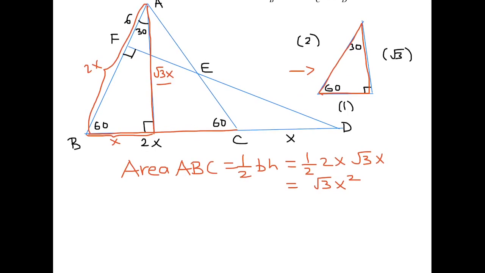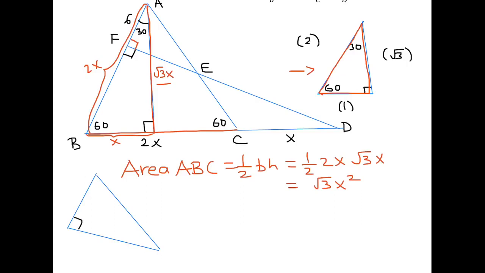Now the next part, of course, is we want to figure out the area of this triangle right here, this small one. And if we can do that, we can subtract it from this and get the area of the quadrilateral. But we don't know any of the sides, so what do we do here? Well, again, similarly, it's a 30, 60, 90 triangle. I'm just going to draw it here so you don't get the diagram too messed up here.